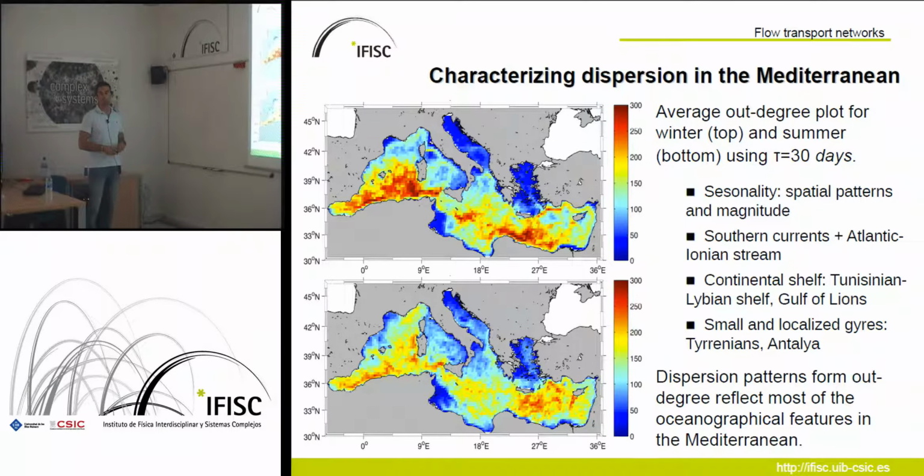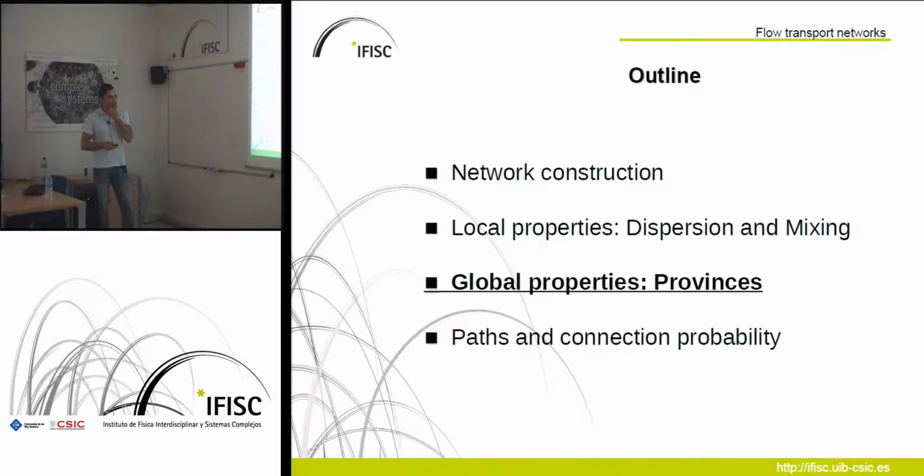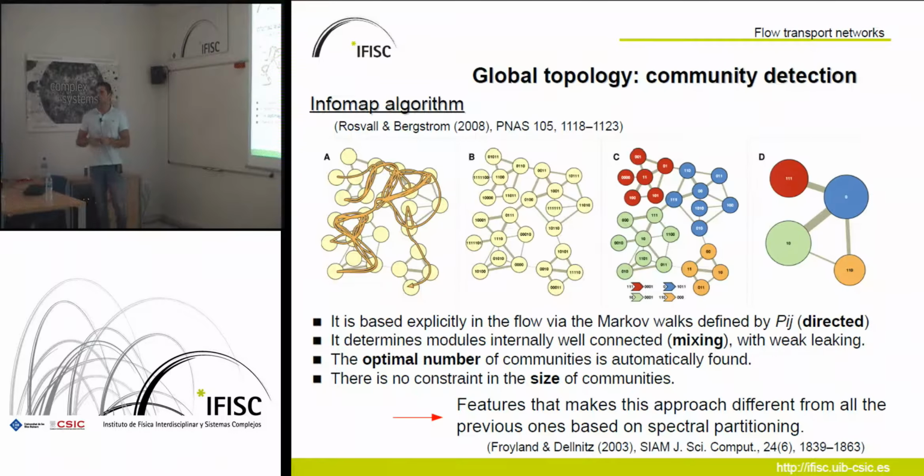But we can now think of analyzing the network also from a global point of view, to look at the global topology of the network. To do this, in our case, we look at partitioning into communities, so the problem of community detection in networks.